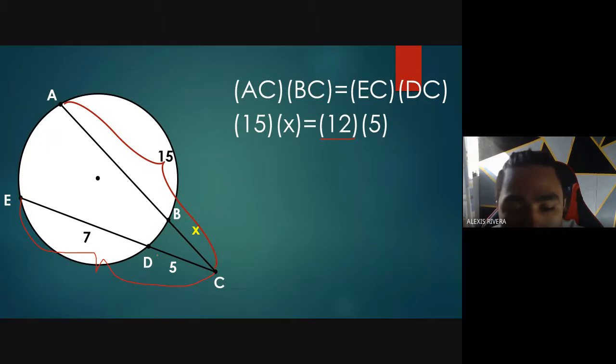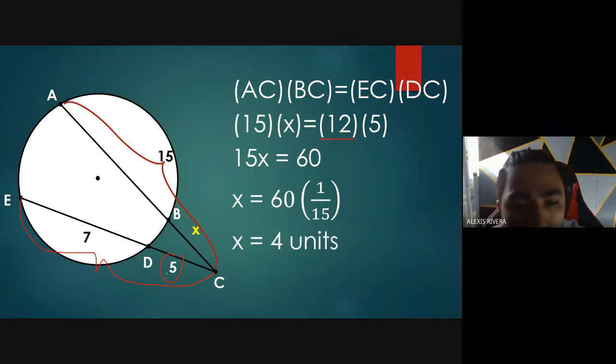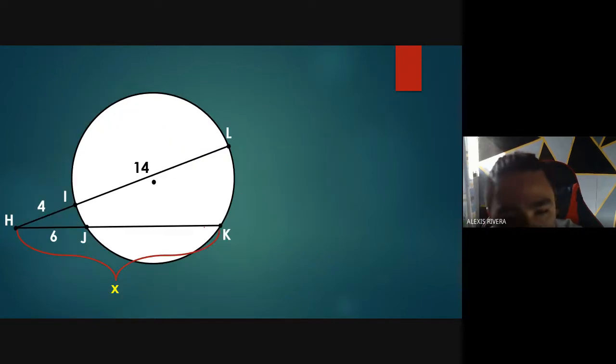Times yung nasa labas, which is 5. Again, perform the operations. We have 15x is equal to 60. Divide by 15 or times 1 over 15. We have 4 units. Therefore, the value for BC is 4 units. Okay, ganun lang kadali.